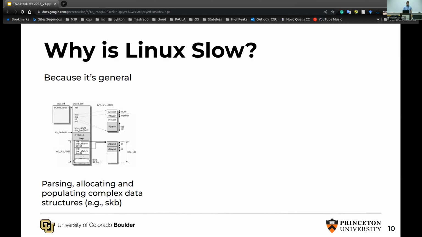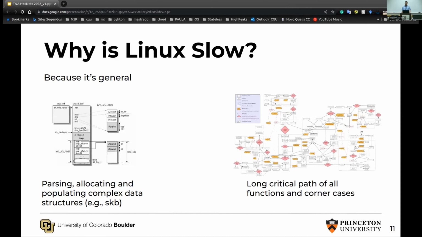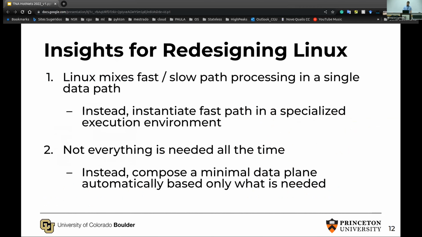To support this, Linux needs to rely on heavyweight data structures and heavyweight protocol implementations. And this basically causes packets inside the Linux kernel to have a long critical processing path, which prevents it from having high performance.